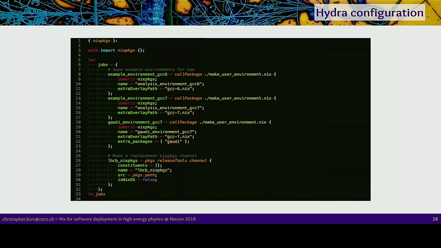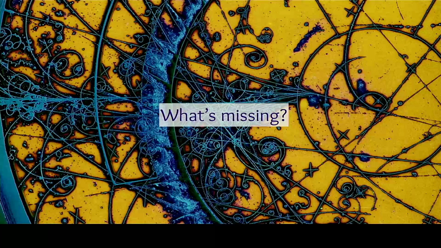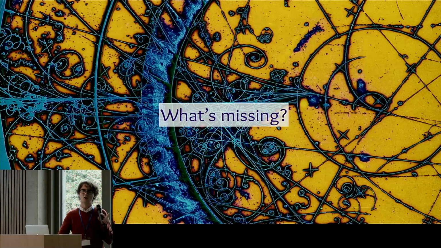And then I put this into Hydra so that it built a new channel that just contained this built in several configurations, so it wasn't necessary to repeat the same list of packages and have duplication, and took advantage of Nix's abilities to override itself. I'm sure this can be done better, and if you've got any suggestions, I'd love to know how, because I'm still kind of battling with understanding Nix, the language itself. So what are some of the things that I've not figured out how to do?